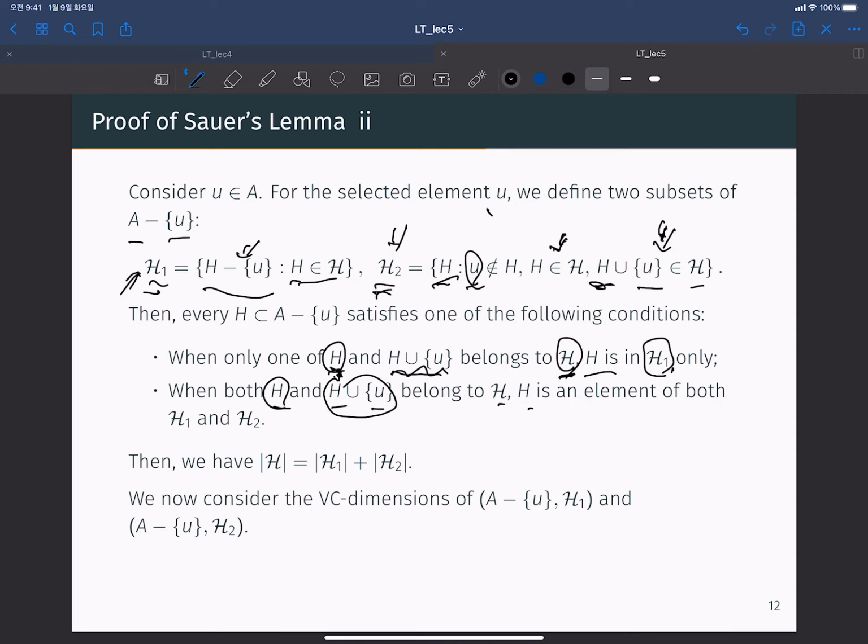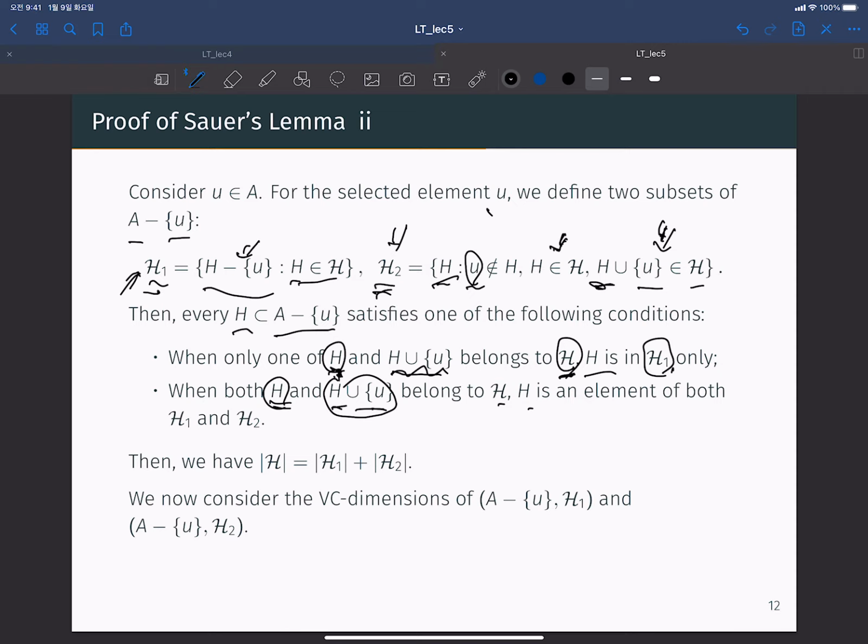Of course, here H and H union U are not the same. Here we consider a hypothesis which is a subset of A minus U. So H does not have U as an element, so H and H union U are different.